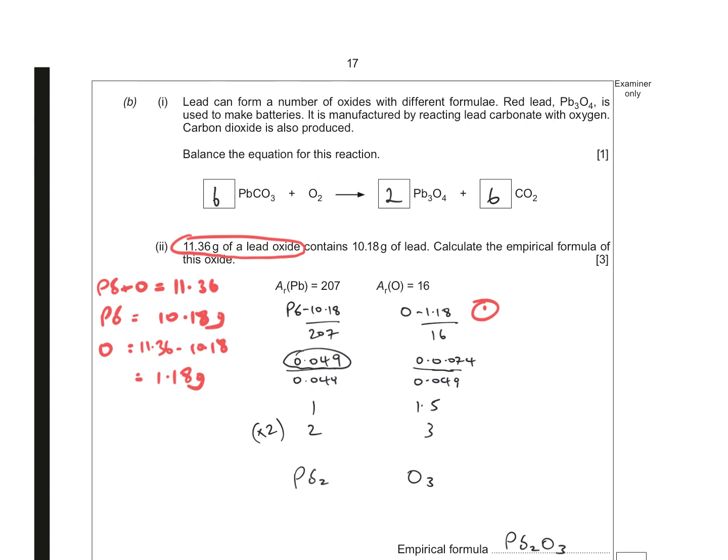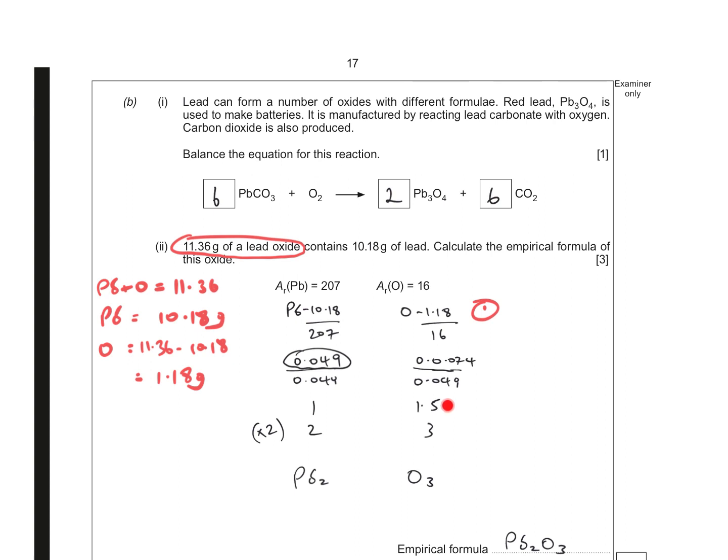I then need to divide each mass by the mass number. So I get 10.18 divided by 207, which gives me 0.049. And I do 1.18 divided by 16 and I get 0.074. And I divide them by the smallest number. Now I've got a problem here.